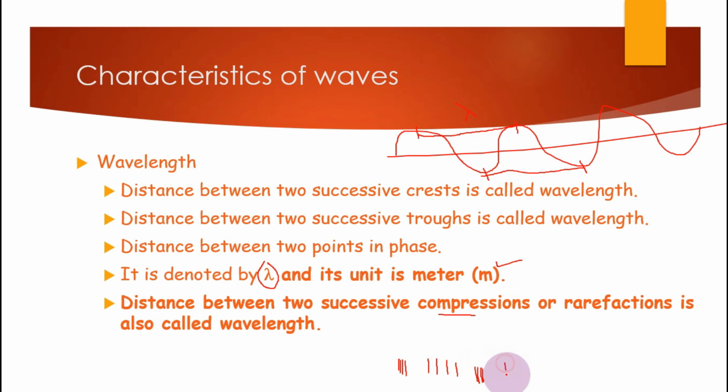So here is again a rarefaction. They are geometrically the same, so the distance between the centers of these compressions is also known as wavelength, or the distance between the centers of rarefactions is also known as wavelength. So the distance between two successive compressions or rarefactions is called wavelength as well.